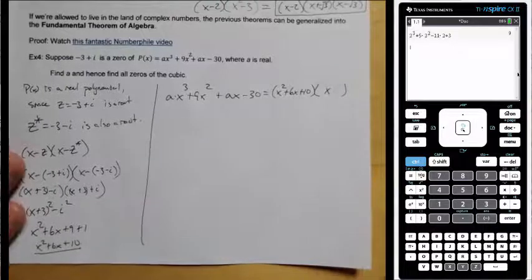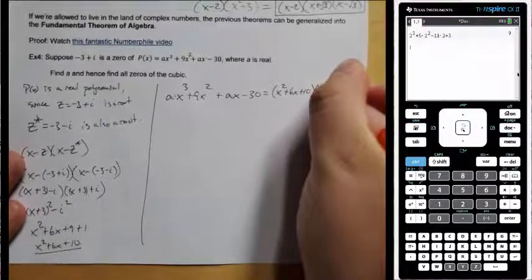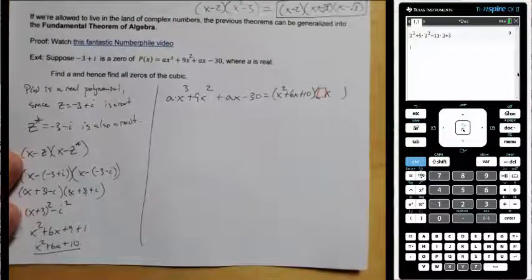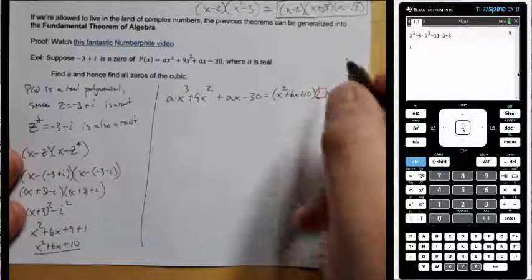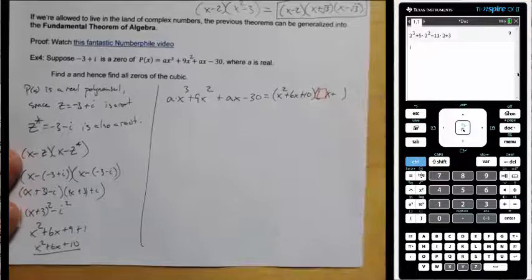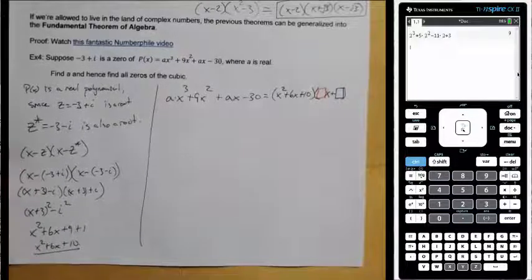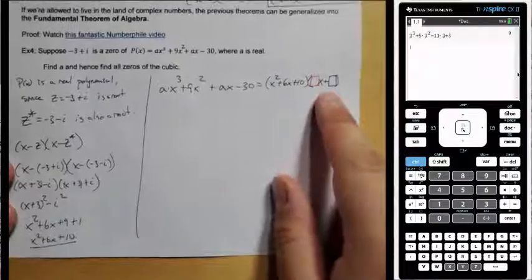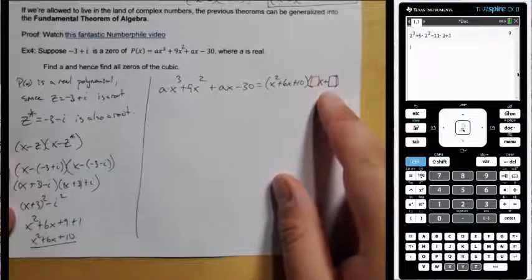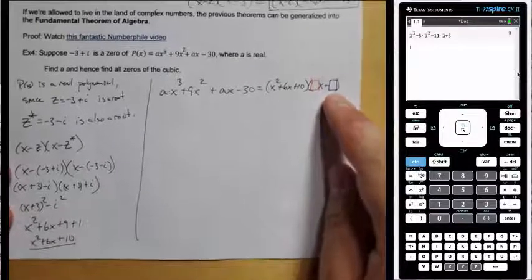There's going to be some linear factor where there's something times x plus some other term. So if we can figure out what these are, we'll know the last term. Let's see. I think we can deduce what these have to be.